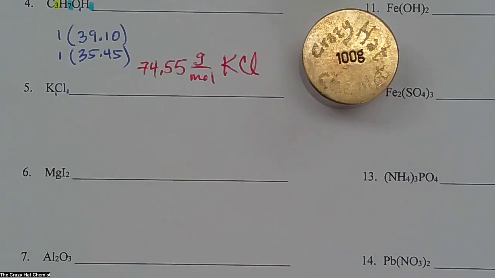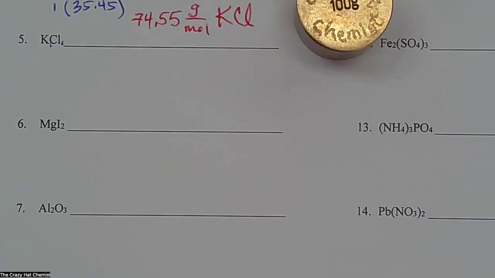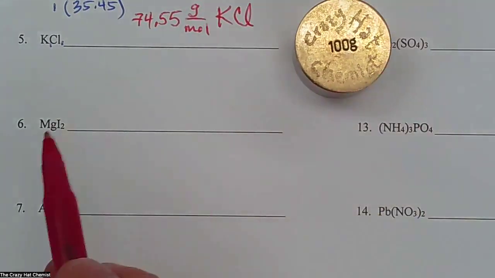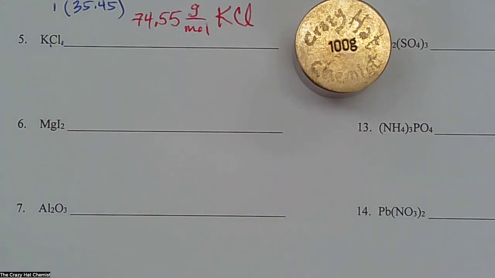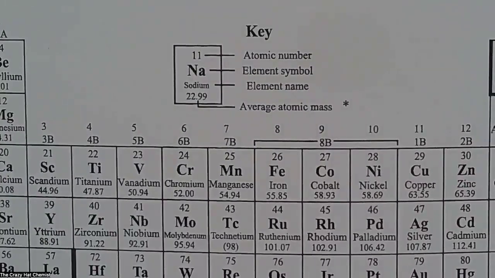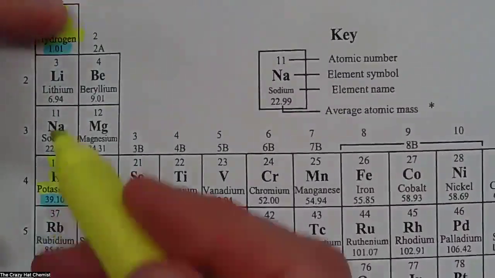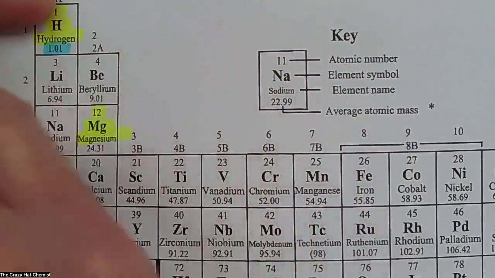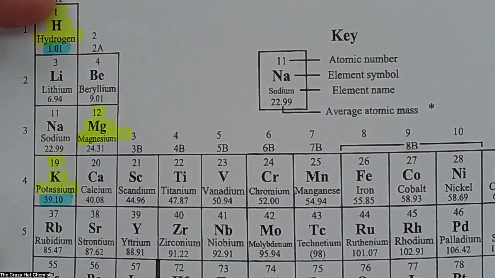The next one here is problem number 6. This is MgI2, which is magnesium iodide. Okay, so magnesium, let's find that element on the periodic table. It is element number 12, magnesium, and it has a molar mass of 24.31.